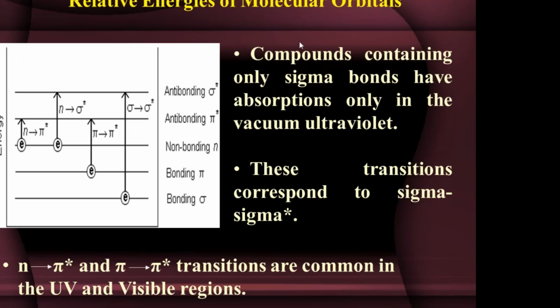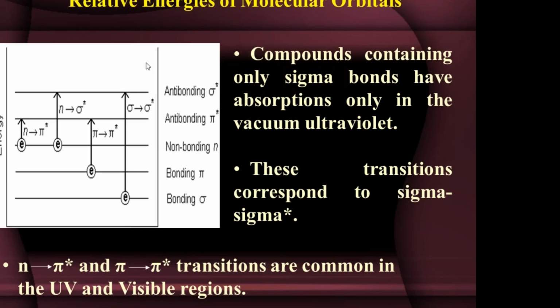So, relative energies of molecular orbitals. Here you see the energy axis. It increases in the upward direction. You have different orbitals. This is the bonding sigma orbital, bonding pi orbital, non-bonding n orbital, anti-bonding pi star orbital, anti-bonding sigma star orbital.